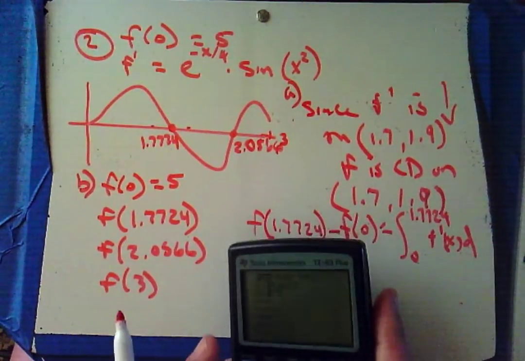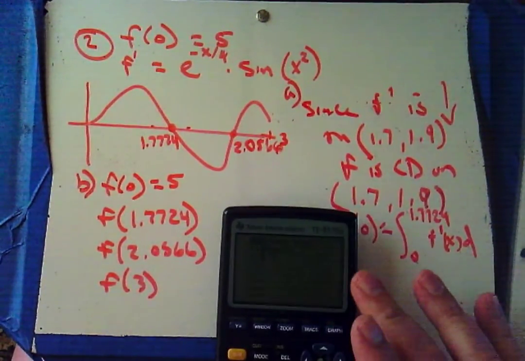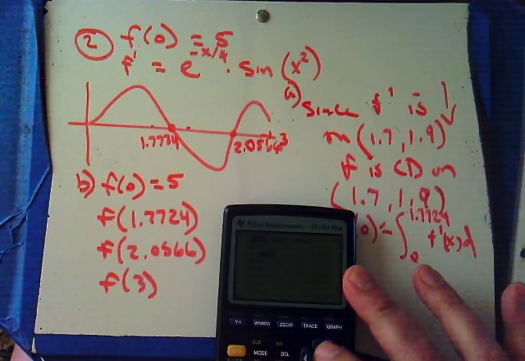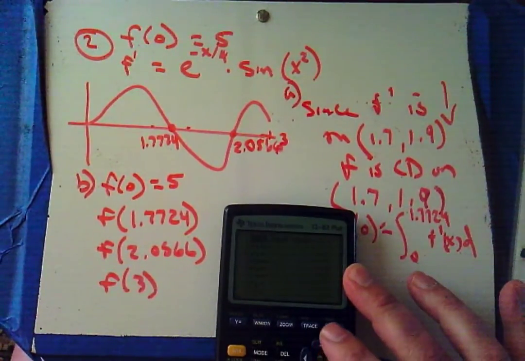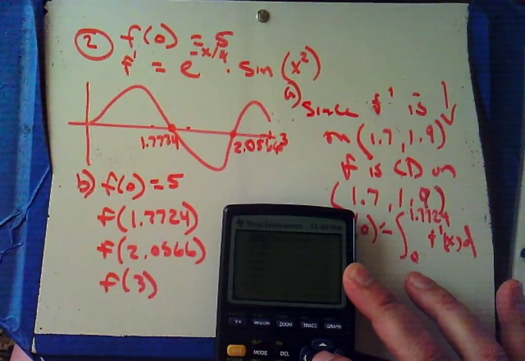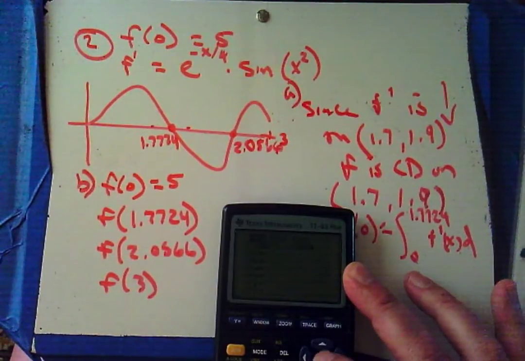So I better type this function in to f of x. So we've got e to the negative 0.25x, close parentheses, times sine of x squared.